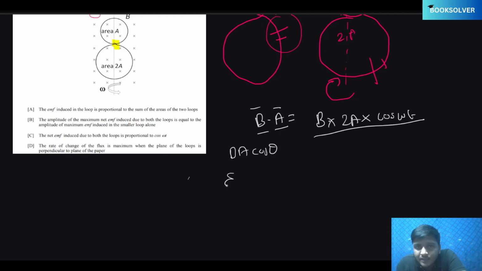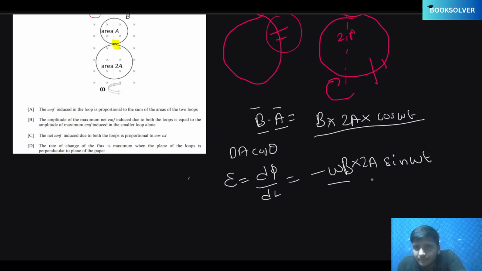And the EMF generated is nothing but d phi by dt. If we differentiate it, we get minus omega times B into 2A sine omega t. What will be the EMF generated in the smaller loop of area A?